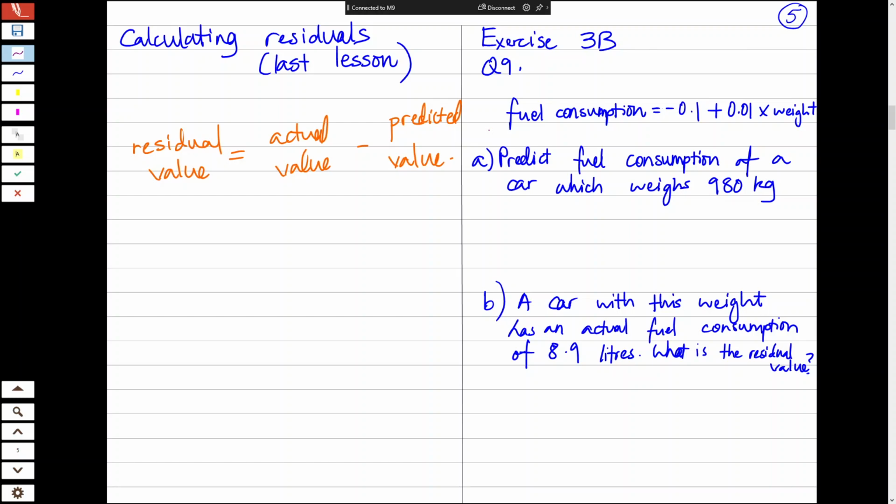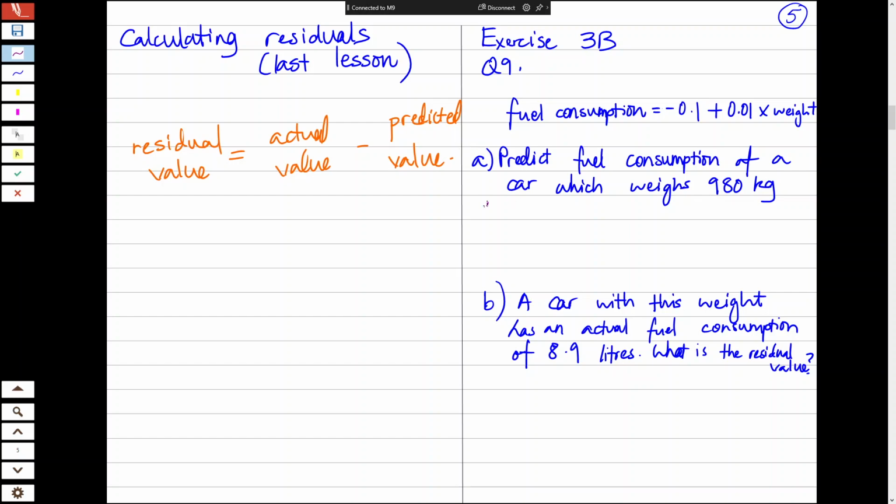So part 1, make a prediction. Anthony just gave us an example of how to do that. We take the value that's given and substitute it into the equation. So here the weight is going to take on the value 980, and then I'll calculate the value for fuel consumption.